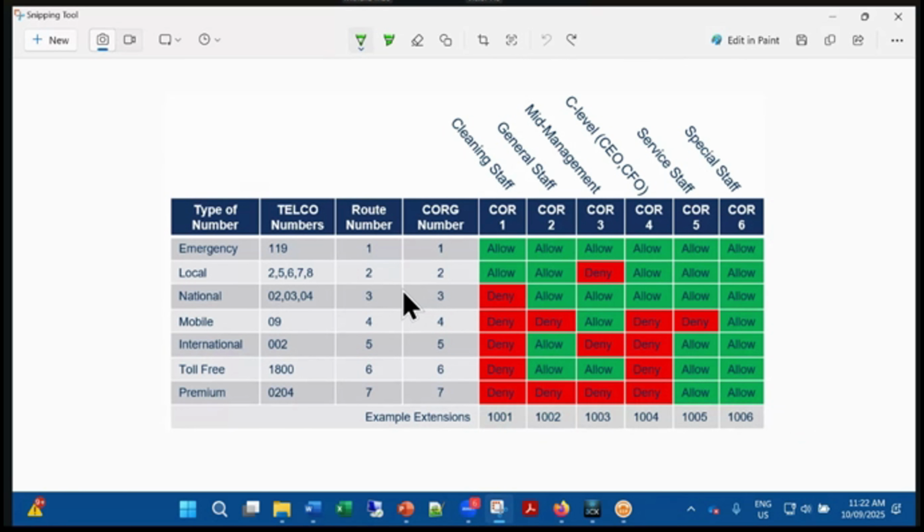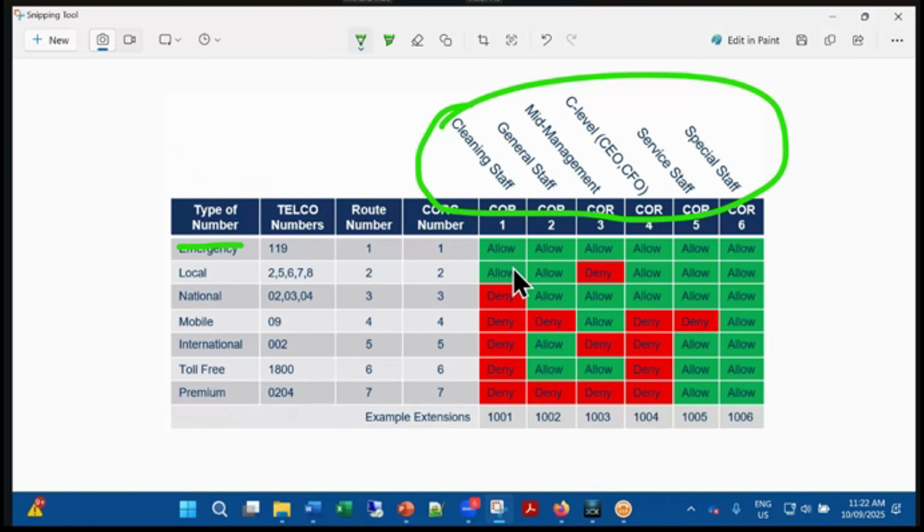And then the customer will say, okay, emergency, all my different users must dial emergency. So emergency is all allowed. You're filling in across the table now. All my different types of users must be able to dial emergency.